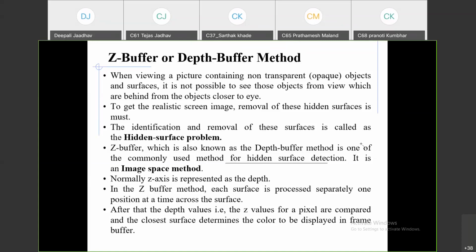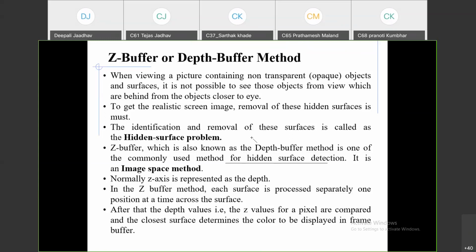Whenever we see any object, we first consider x and y coordinates. The x and y coordinates represent the pixel position of that object on the screen. For example, if we consider this is my laptop screen, it has some pixels indicated by x and y coordinates. Here you can see some objects or some menus, and all of them take some pixel positions, which are represented with x and y coordinates.